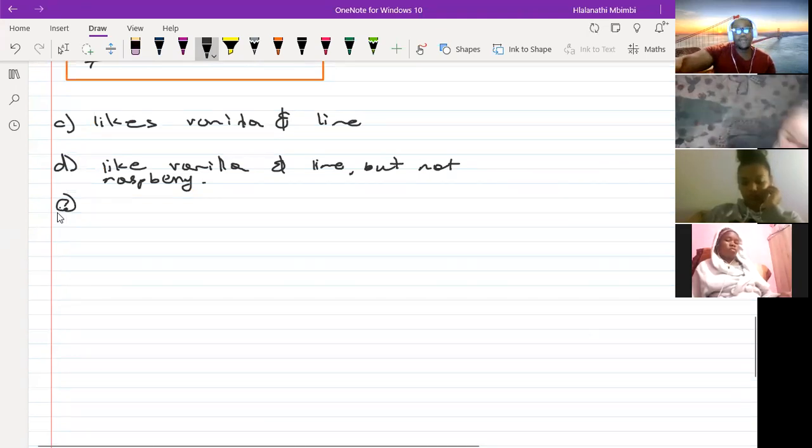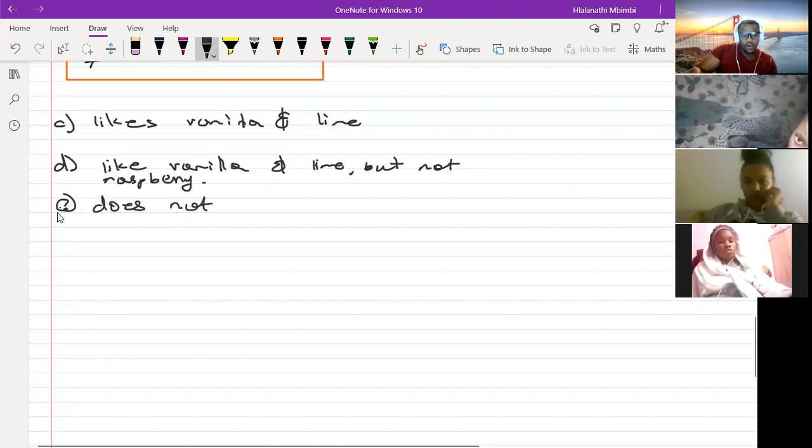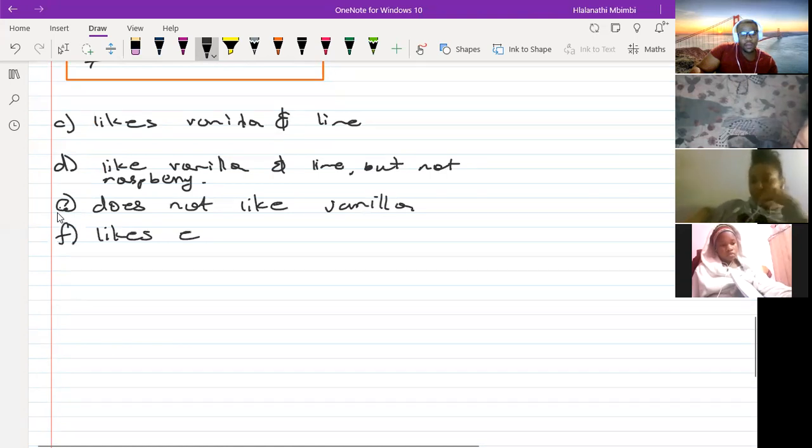Like vanilla, but not raspberry. E: does not like vanilla, customers who do not like vanilla. I'm not sure if I phrased that right. Then F: likes exactly one flavor.